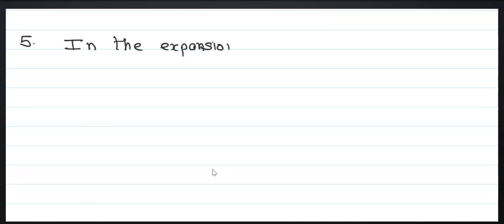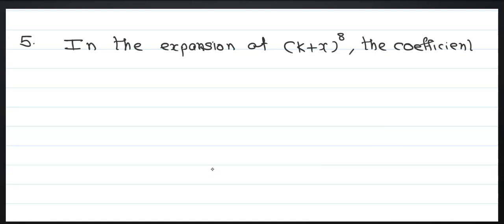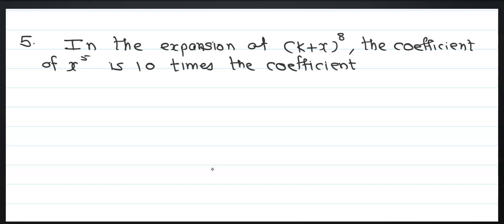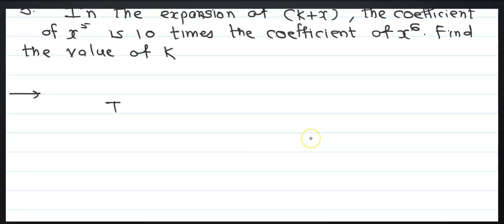Now the question number 5. In the expansion of (k plus x) bracket raised to 8, the coefficient of x raised to 5 is 10 times the coefficient of x raised to 6. Find the value of k.